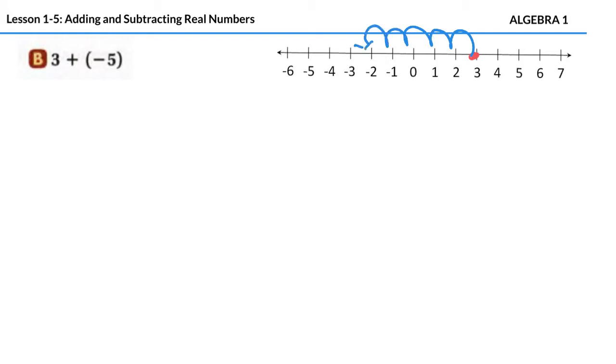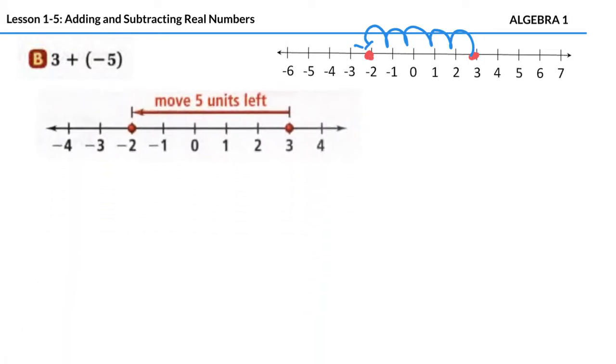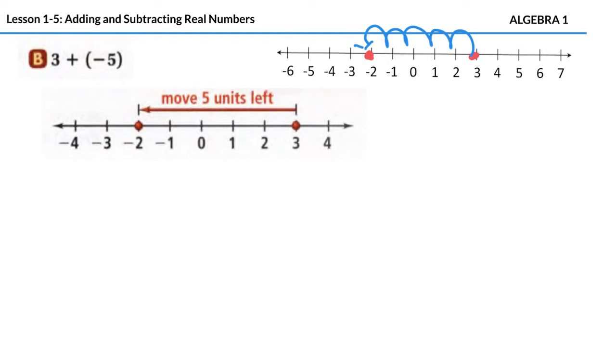So we land up at negative 2. Showing it in a neat way, this will be negative 2. So 3 plus negative 5 is going to be negative 2. That is your answer. So are you getting how we use a number line to add or subtract real numbers?